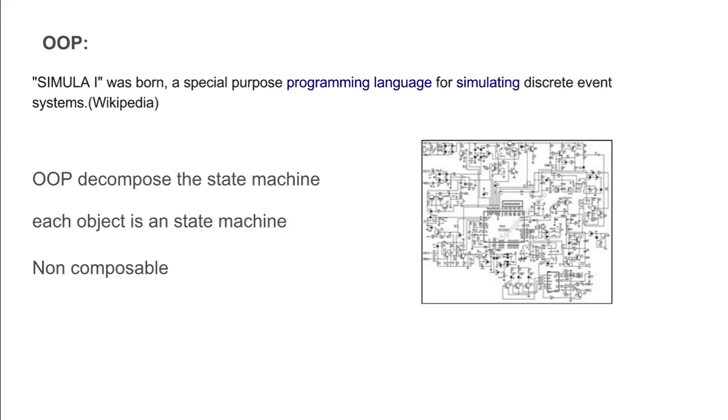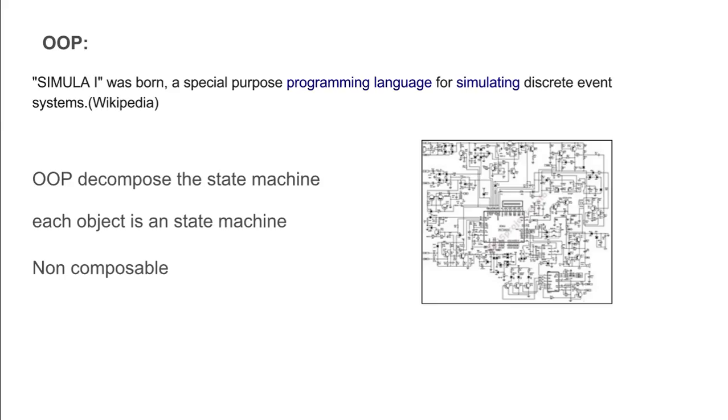The other pioneer language, Smalltalk, was also very successful because it was capable of managing GUI applications with mouse and everything. Why?